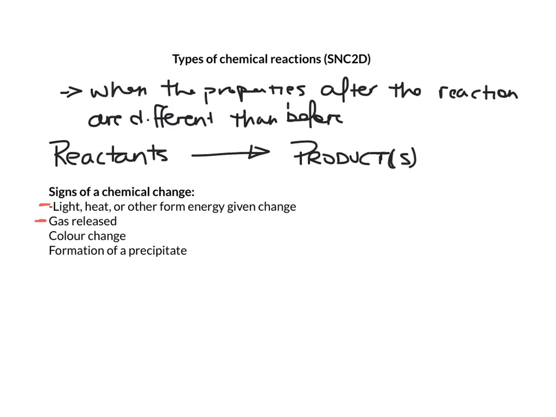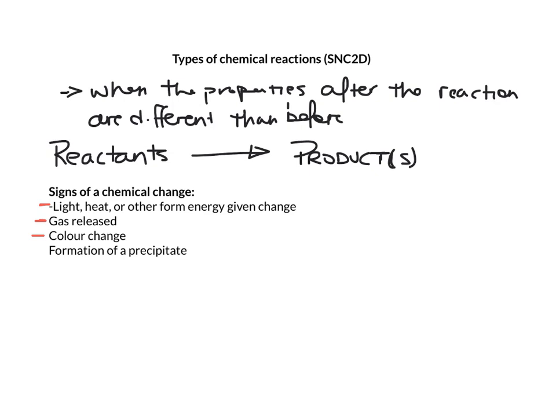If a gas is released, so if you add something to a beaker and suddenly a lot of bubbles are released, that's a gas being produced. If the color changes, say from blue to yellow or something totally different, that would be a sign of a chemical change.